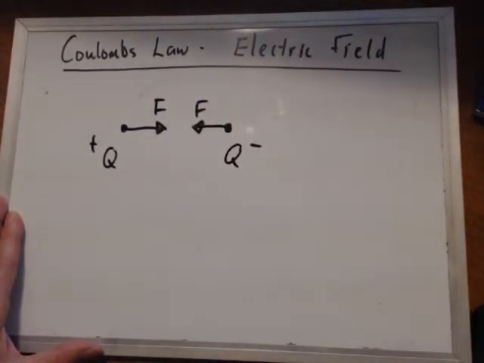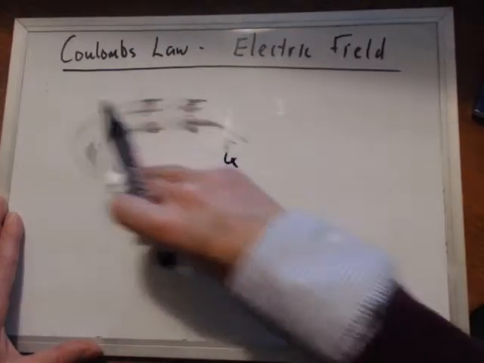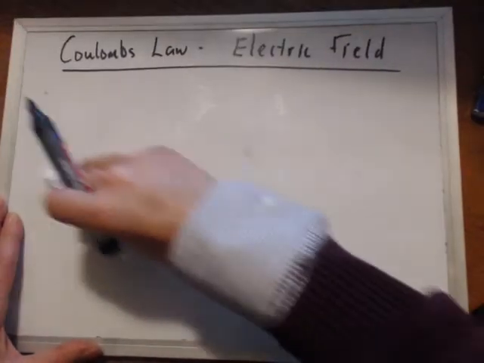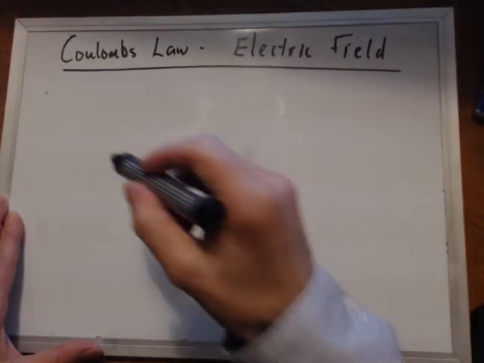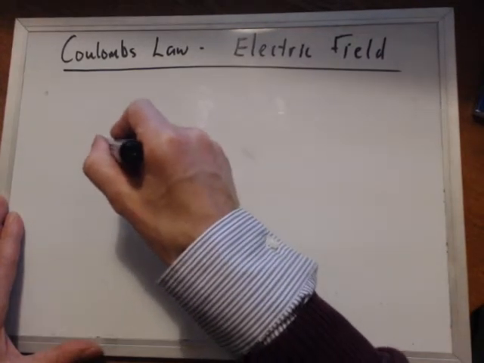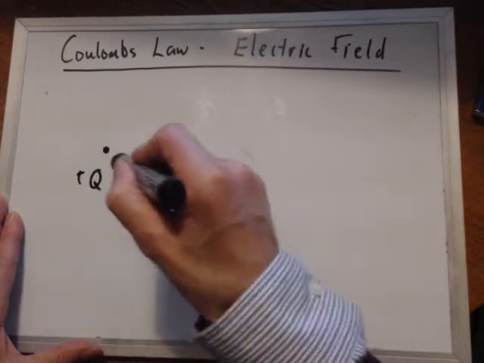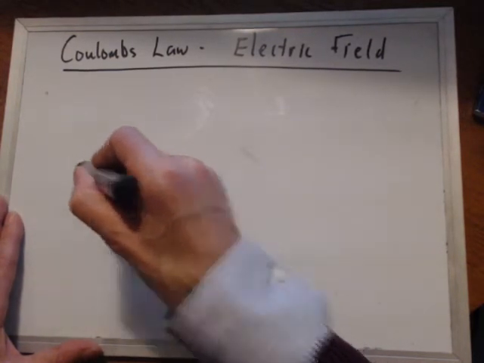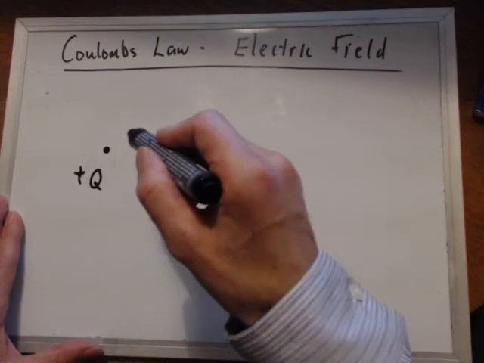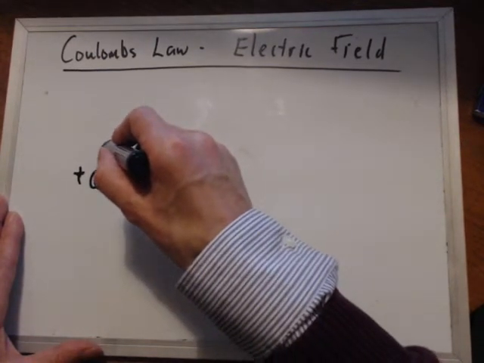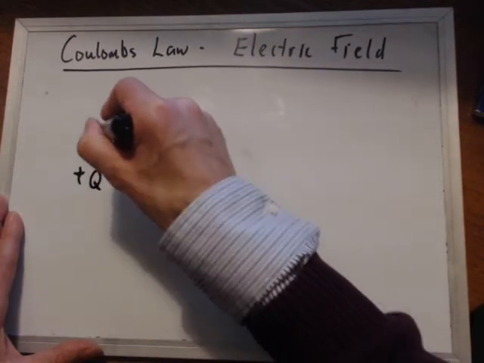Now, around this point charge there would be an electric field. So let's start with a positive point charge, so that's Q positive. There would be an electric field around it, and the electric field, if it's positive, would act out radially.